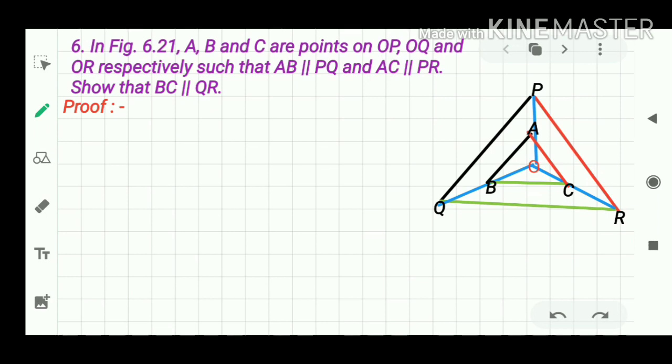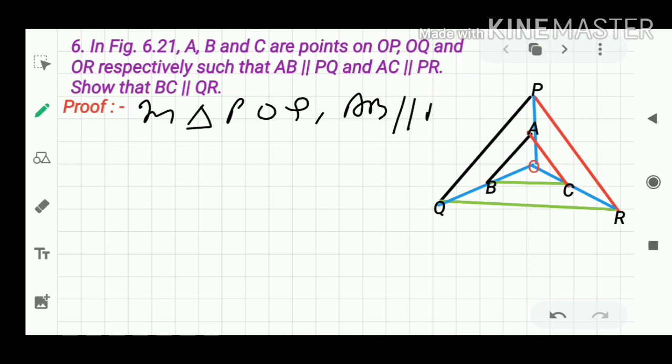So for the proof of this question, we write in triangle POQ, AB parallel PQ.